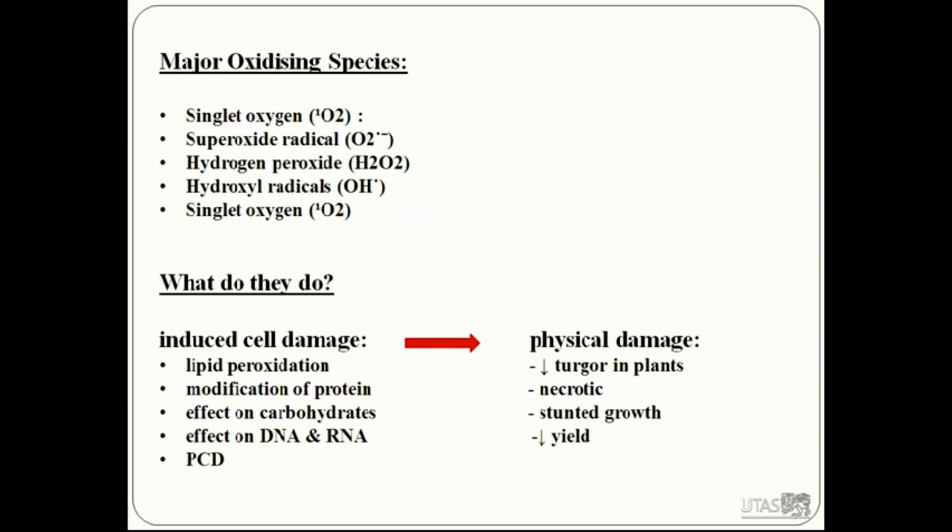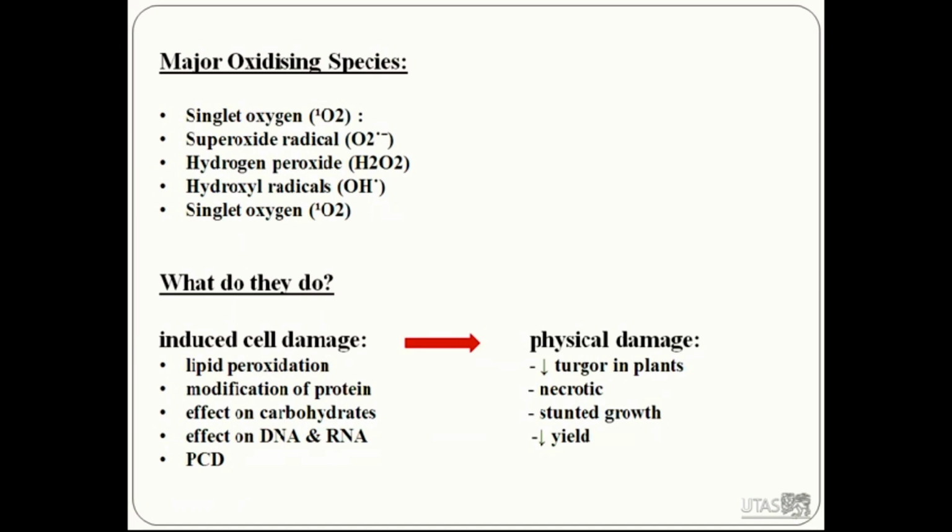What do they do? As mentioned before, ROS are produced continuously as products of various metabolic pathways. Even when plants are growing under non-stress conditions, in normal days, these ROS are scavenged by a variety of antioxidant defense systems that prevent them from reaching a toxic level.